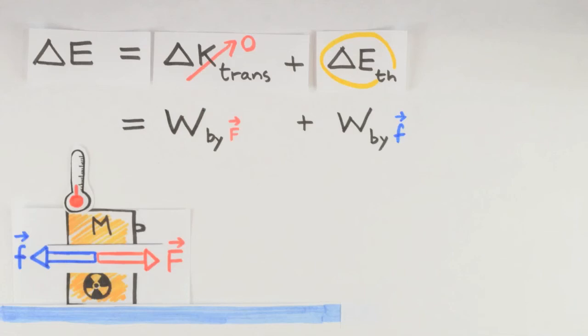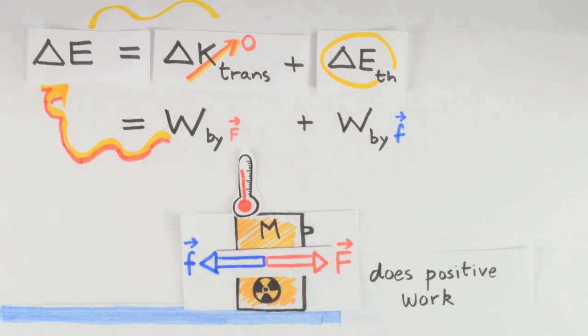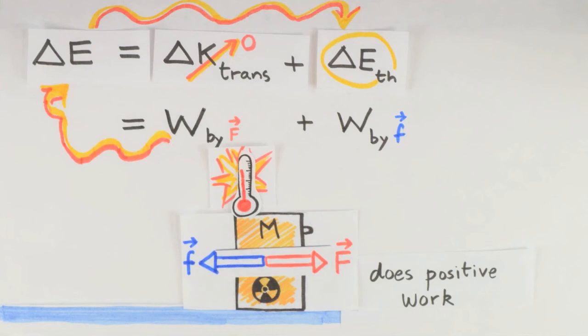We see that the work done by the pulling force is positive. This means the pulling force transfers energy into our block. Now, none of the transferred energy shows up as energy that affects the macroscopic motion. The block moves at constant speed. However, some of that transferred energy does show up in the system as internal energy, an increase in thermal energy. The block warms up, increases in temperature.